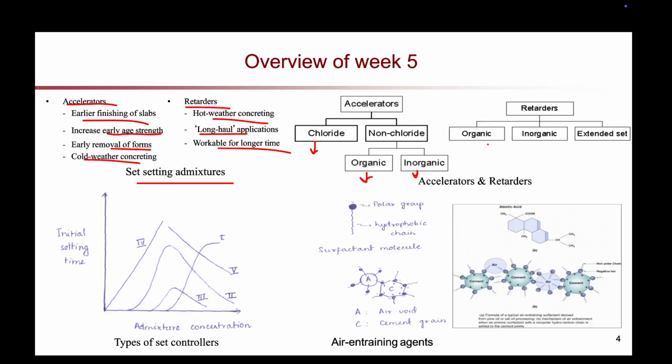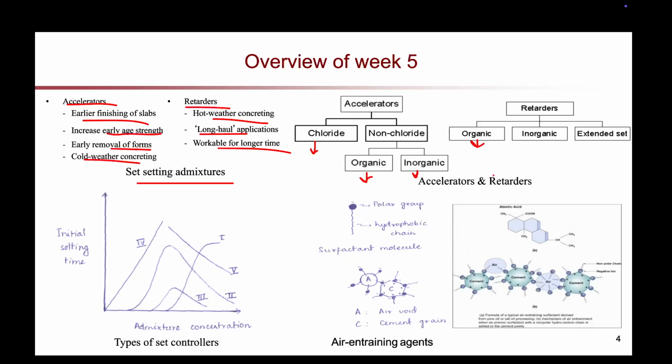In case of retarders, if we talk about organic retarders, we have carbohydrates or citric acid. I don't know if you have heard this story or if sir has talked about it, that people used to add lemon to extend the setting time of concrete in some local places.